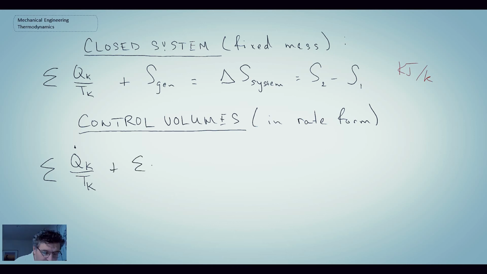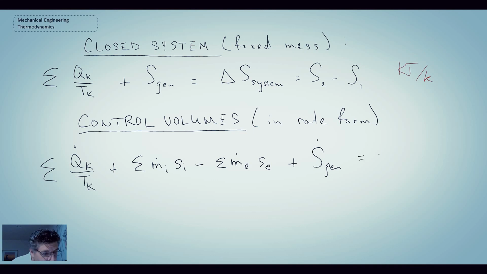Now we have the mass crossing the boundary. So we could have mass coming into our control surface, and then we sum all mass exiting, because we could have multiple inputs and multiple outputs depending upon the system, plus generation within our control volume.